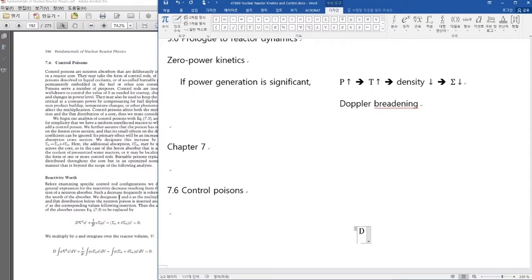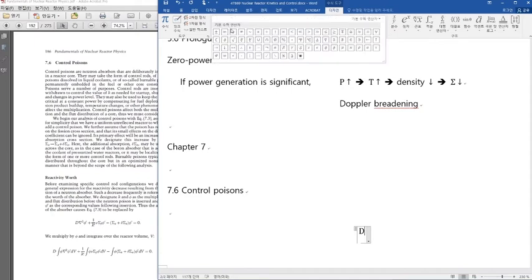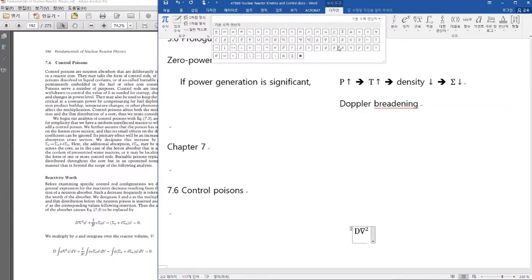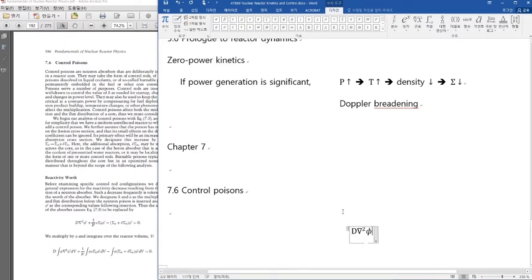In a steady state condition, we have the Laplacian of phi.